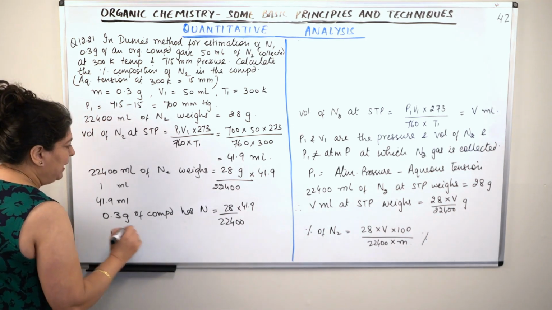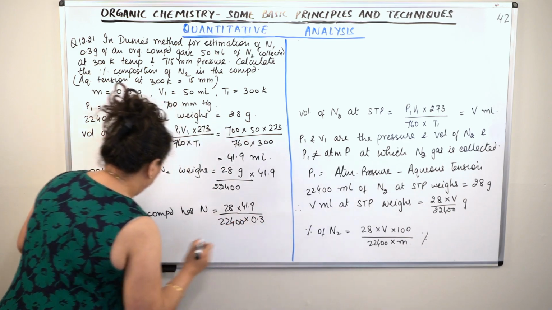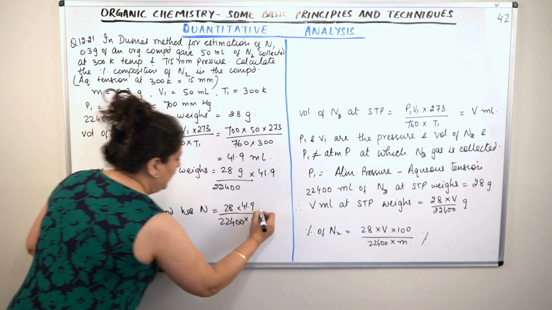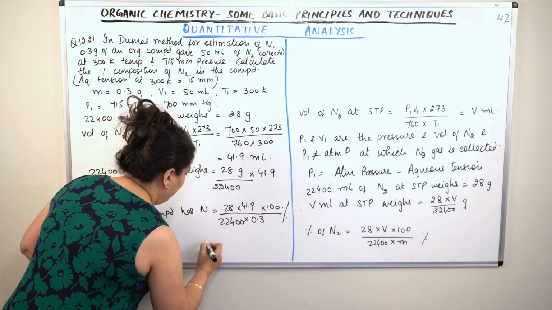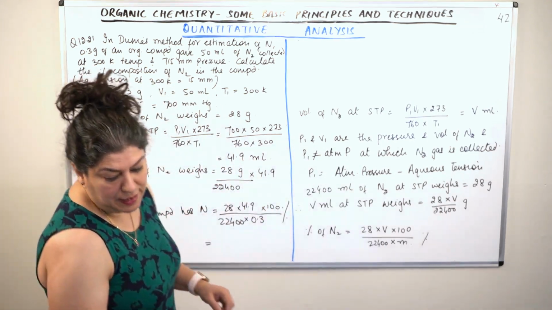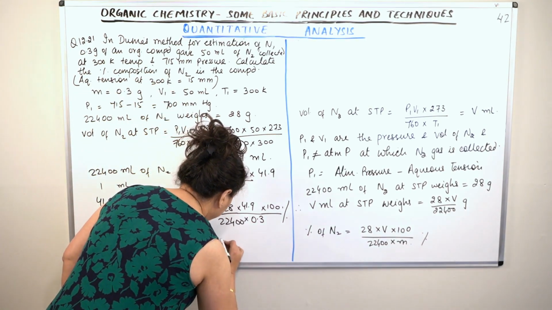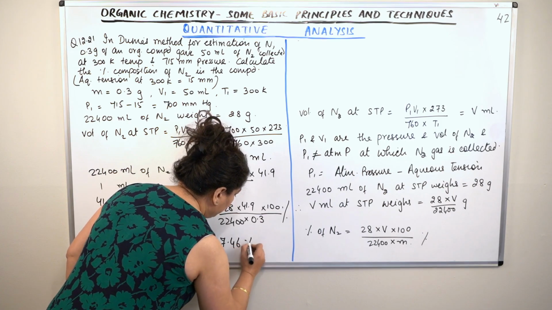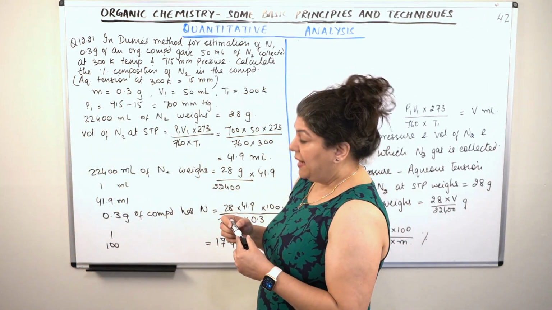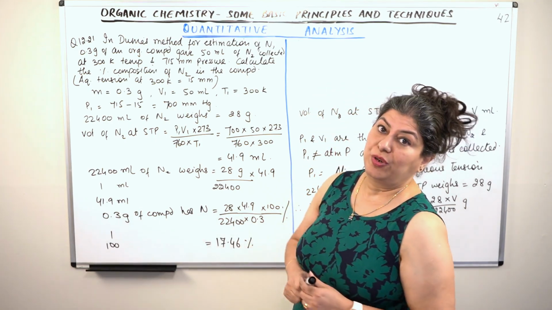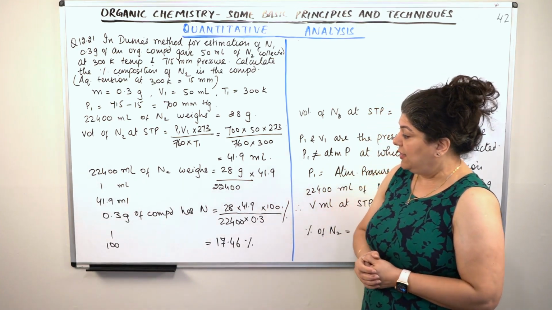So 1 gram will have this divided by 0.3, and 100 grams will have into 100. That will give you the mass percentage, and when you calculate all of this, it will come out to be 17.46. 17.46% will be the mass percentage of nitrogen by reacting 0.3 grams of the organic compound. So this is how you would solve this numerical.